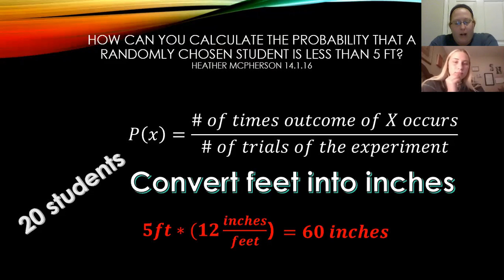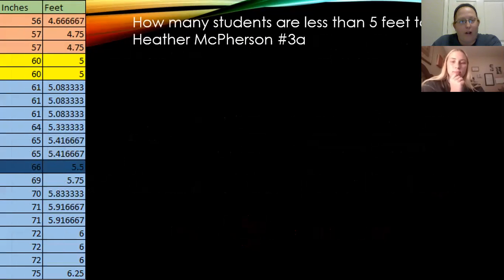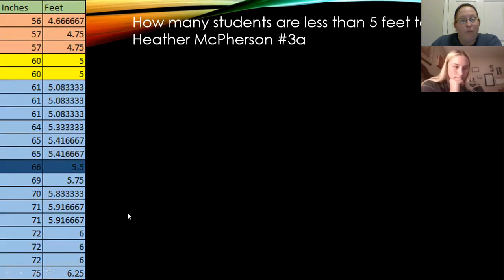When we were given all the data, we constructed a diagram, which I'm going to show to your left, of all the inches of the students that were given of the 20. And I went ahead and put them in numerical order so it's a lot easier to read. What we're looking for is any of the students that are less than 5 feet tall.